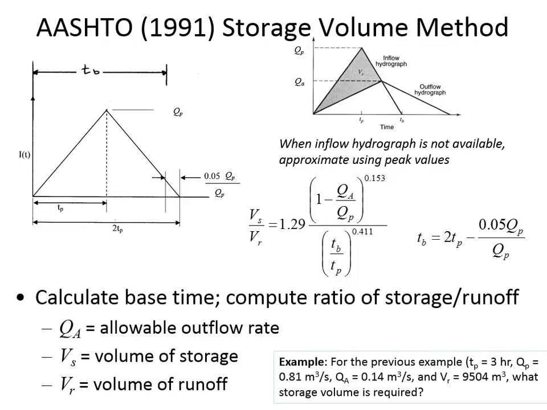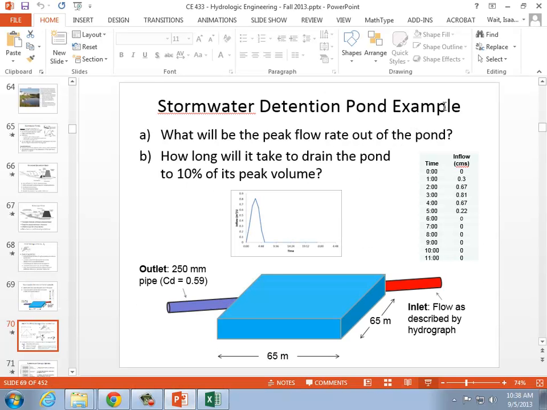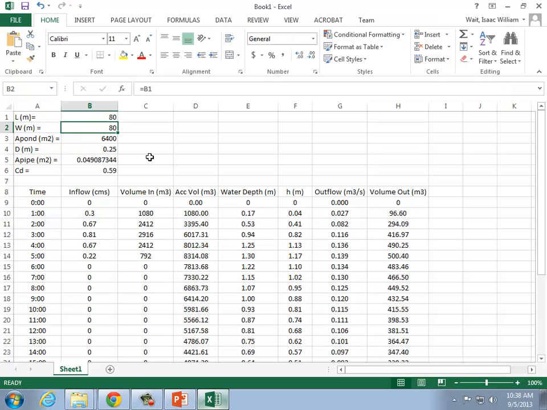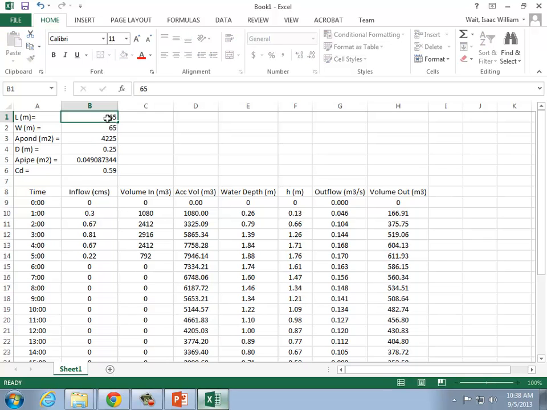Now, how does this compare to what we did in the previous example? In the previous example, we found that the required volume was approximately 8,000. Let's take a look at the spreadsheet again. In the spreadsheet, we saw that for a 65 by 65 pond, the required volume was approximately 8,000 cubic meters.